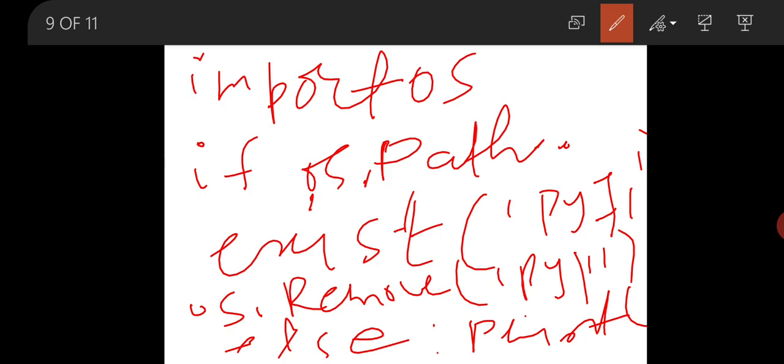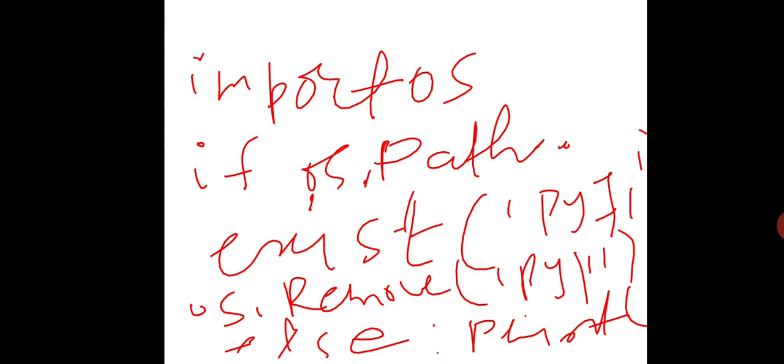Now this is the way to check. First check whether the file exists or not. If the file exists, then delete it; otherwise return the message that the file does not exist.